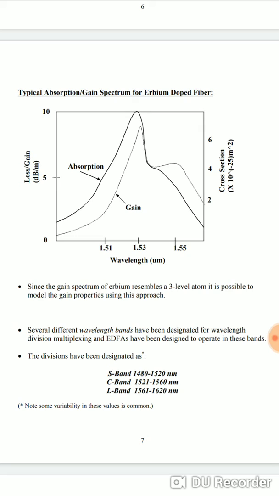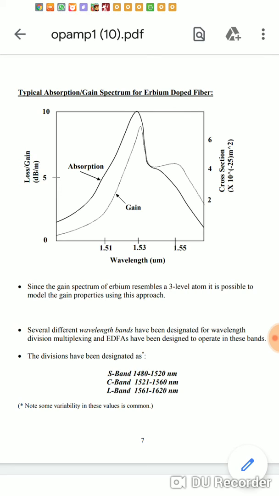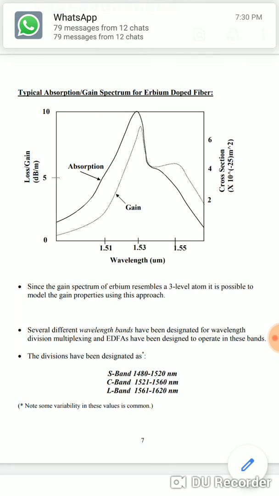As the wavelength increases, the absorption, that is losses, also increases, and gain also increases up to a particular wavelength. In the diagram, as the wavelength changes from 1.51 micrometer to 1.53 micrometer, the gain increases as well as the absorption. But once it crosses the 1.53 micrometer wavelength, it decreases exponentially.